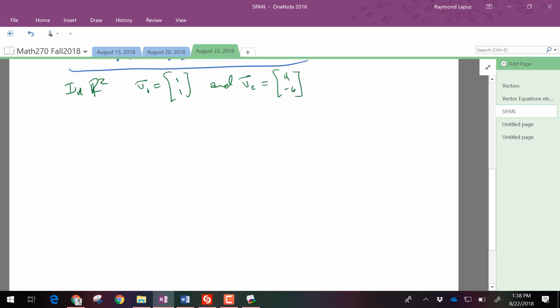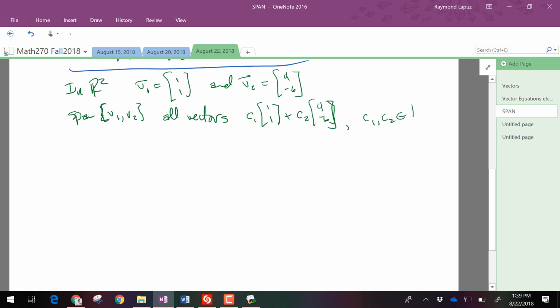So the span is going to be all vectors where we multiply c1 times 1, 1, and then we add it to c2 times 4, negative 6, where c1 and c2 are some real number, scalars, I guess we call them.